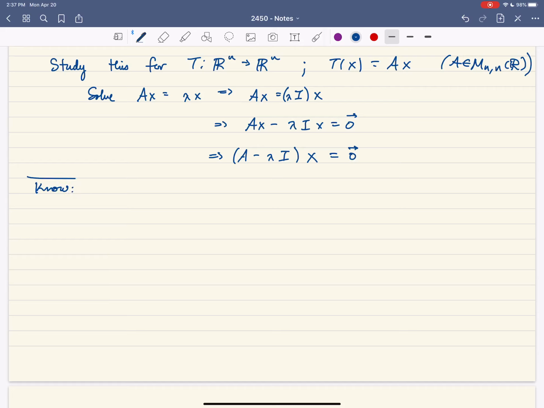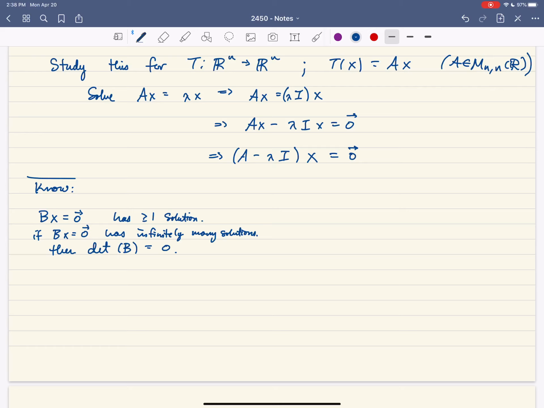So we know, for example, just as an aside, that Bx equals 0 always has at least one solution, namely the 0 vector. And if Bx equals 0 has infinitely many solutions, well, then that would imply that the determinant of B has to be 0.